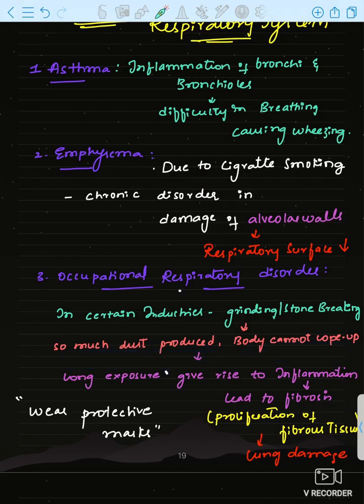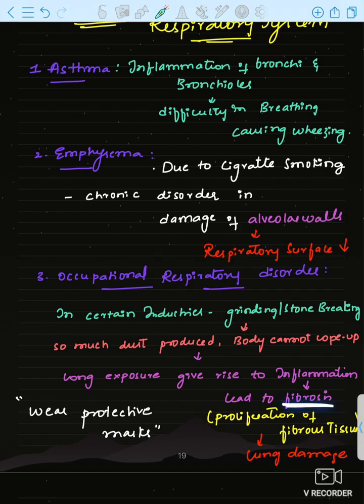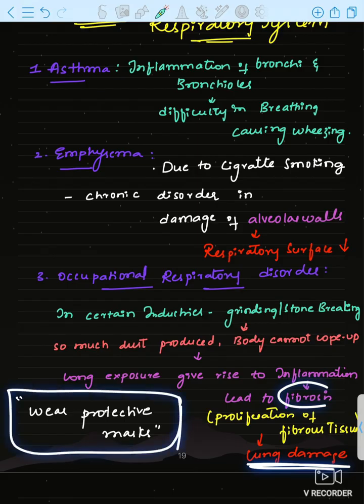People work there for a long time, so long exposure gives rise to inflammation. That leads to fibrosis, which means the fibrous tissue of the lung proliferates and causes fibrosis and lung damage. So they should wear a protective mask.